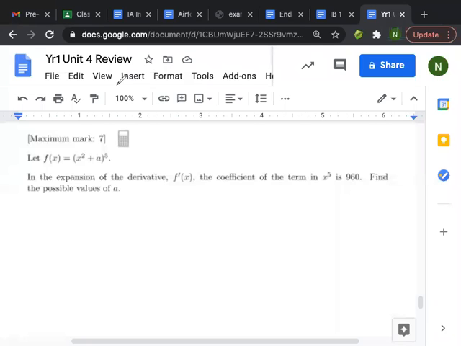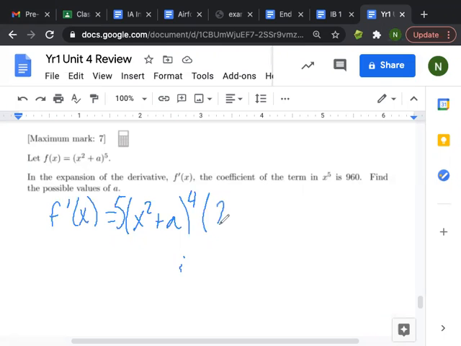So when I use chain rule, f prime of x is equal to, I'm gonna take the derivative of the outside first, where I leave the inside the same, and then take the derivative of just that to the 5th power, so that would become to the 4th and multiply by 5 in the front. Chain rule. But then I also have to multiply by the derivative of the inside, which is 2x. So that would be the derivative.